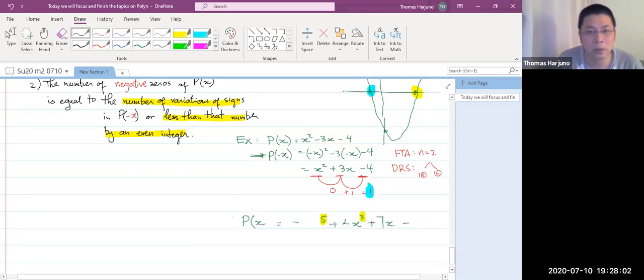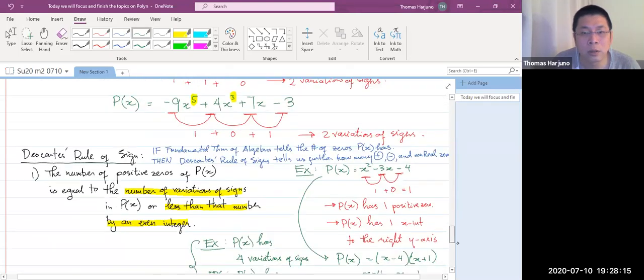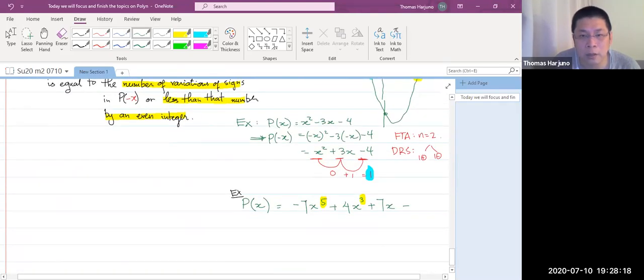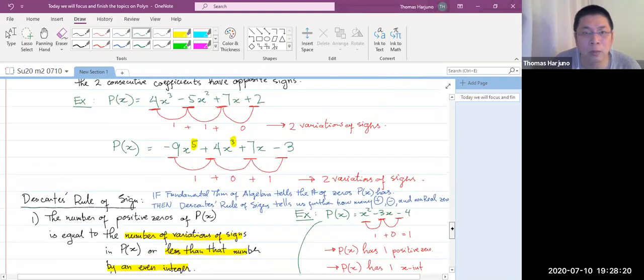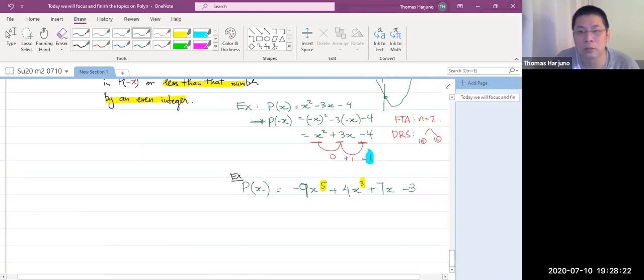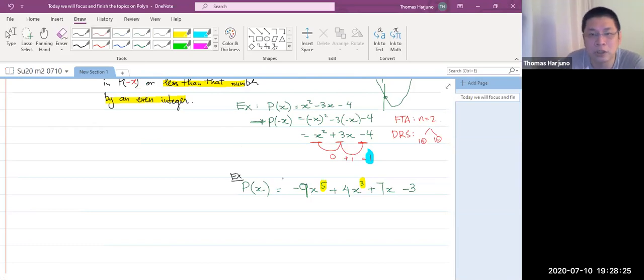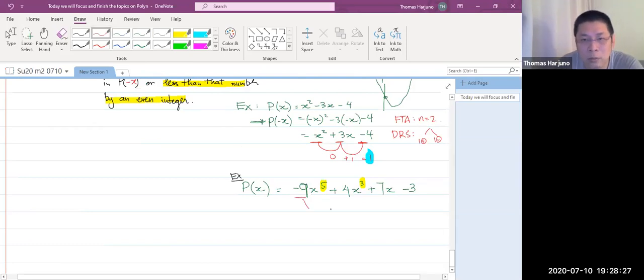For example, 7x to the 5th plus 4, actually nothing is happening to it now, doesn't matter, and then minus 3. So we have computed the number of sign changes here. So 1, nothing, another 1. So they are 2, right?